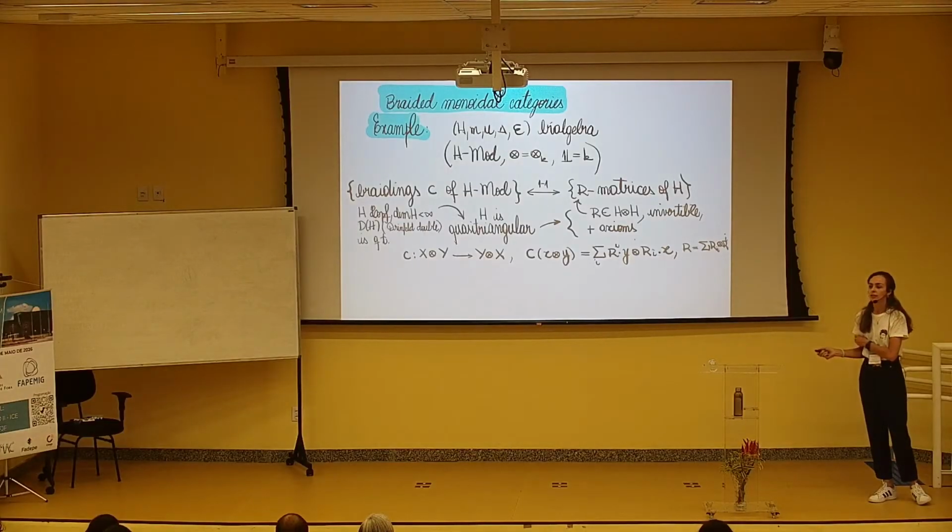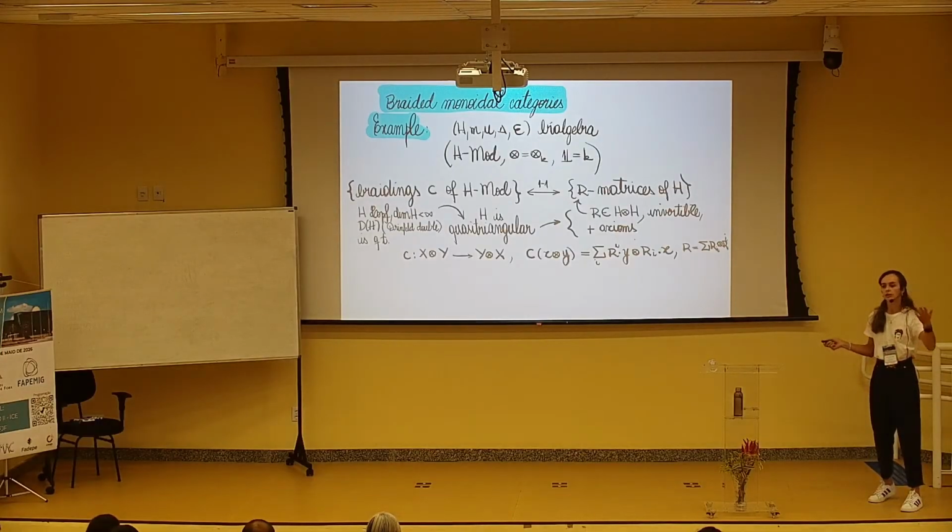There is a construction called the Drinfeld double that you can do with your Hopf algebra that is always a quasi-triangular bialgebra. The quasi-triangular definition is for bialgebras, but a Hopf algebra is a bialgebra plus an antipode, like the inverse in a group, this kind of guy.